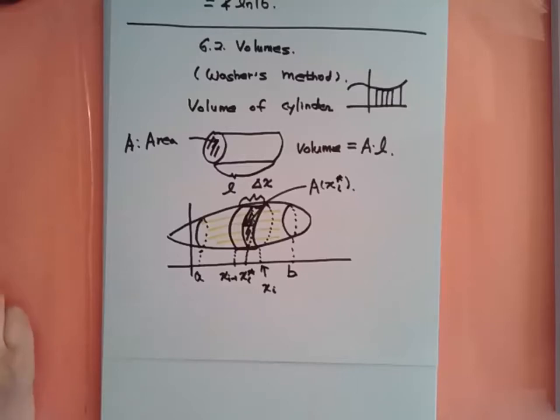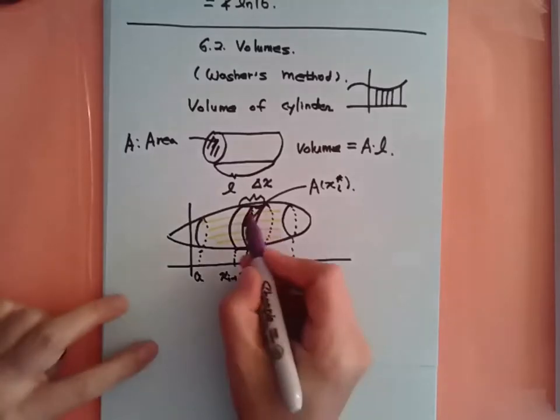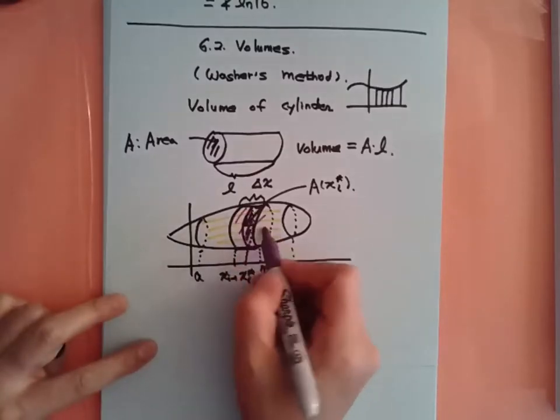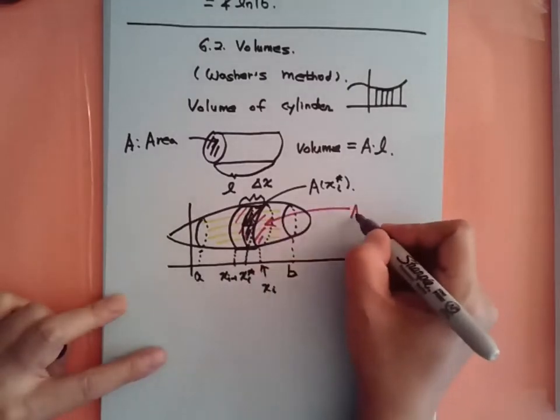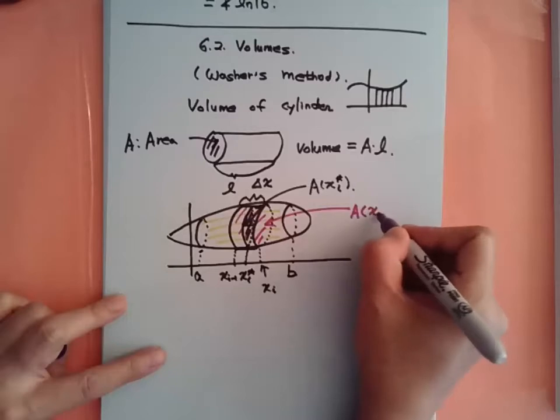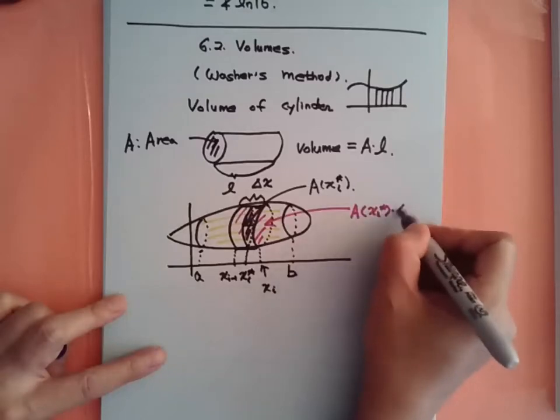Then what we can say about this part is the volume is A of xi star times delta x.